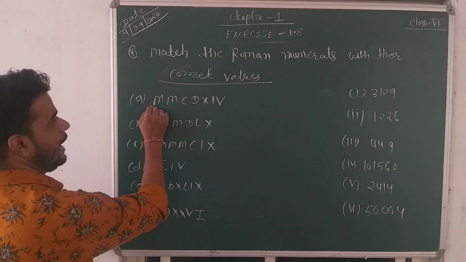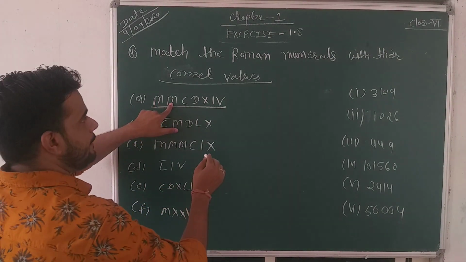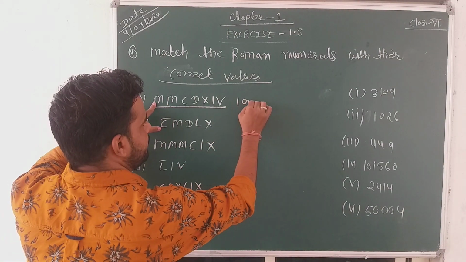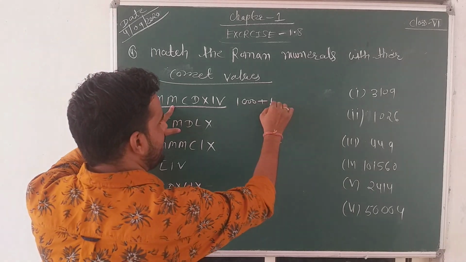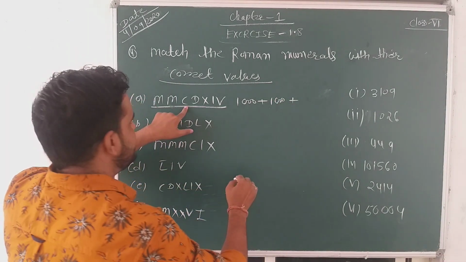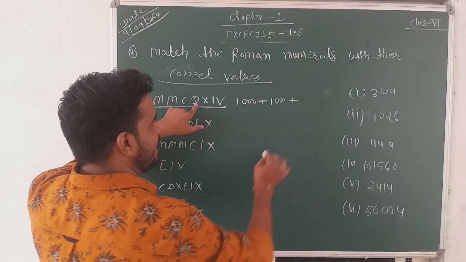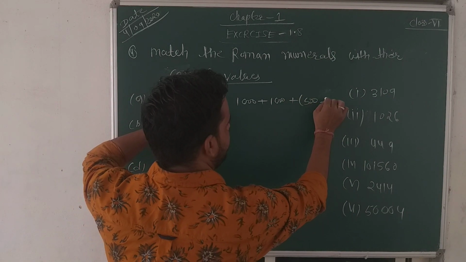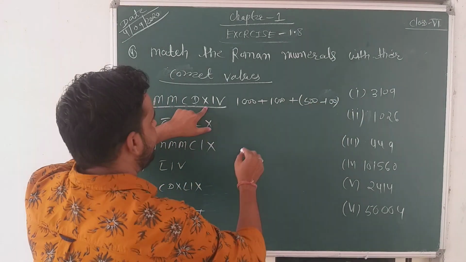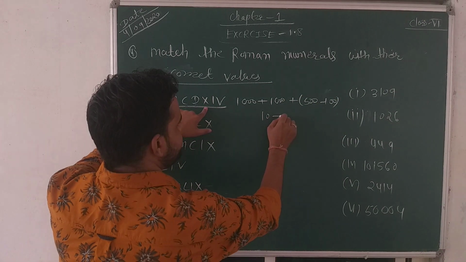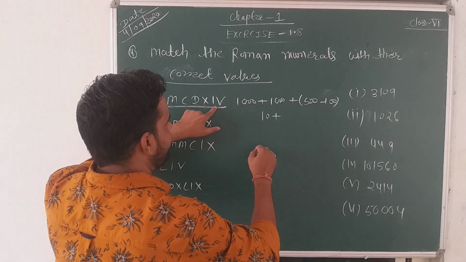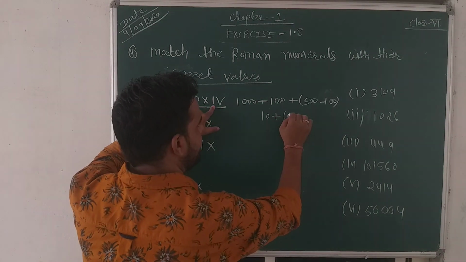Just see the first one. How to solve? M means 1000. M means again 1000. C means 100, but D means 500, so 500 minus 100. Afterwards, X means 10, V means 5 and I means 4, so 5 minus 1.